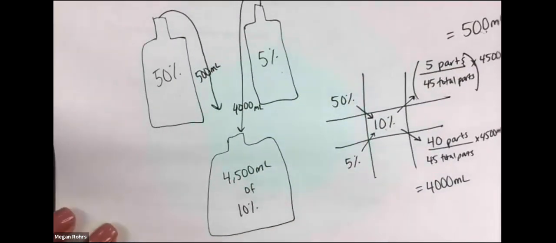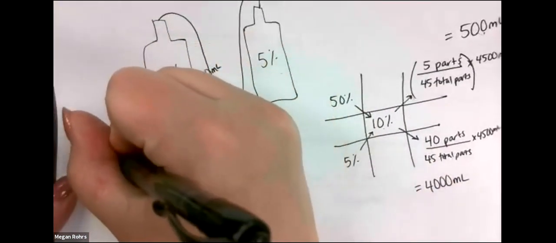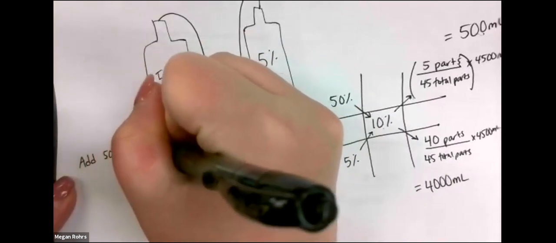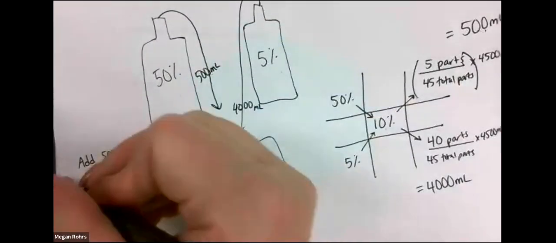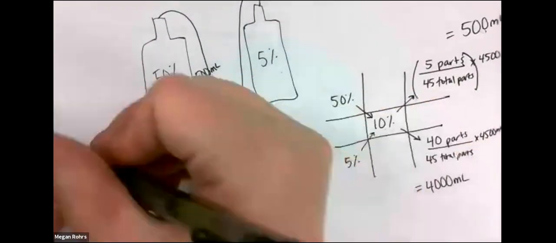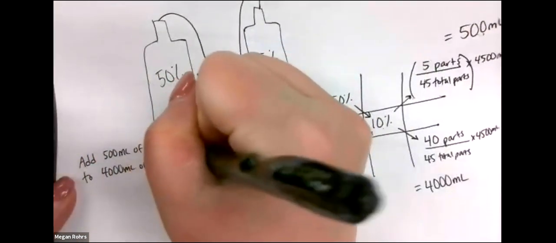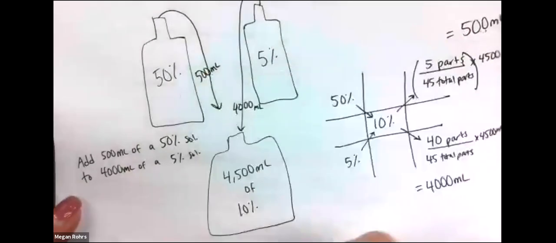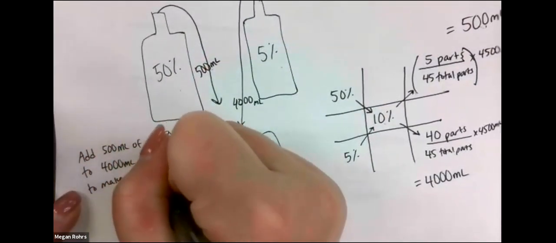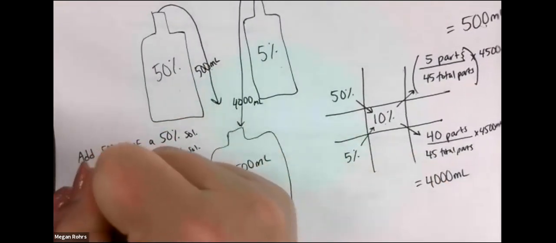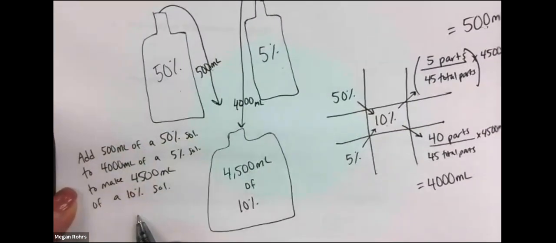So we would say add 500 mils of a 50% solution to 4,000 mils of a 5% solution to make 4,500 mils of a 10% solution, okay?